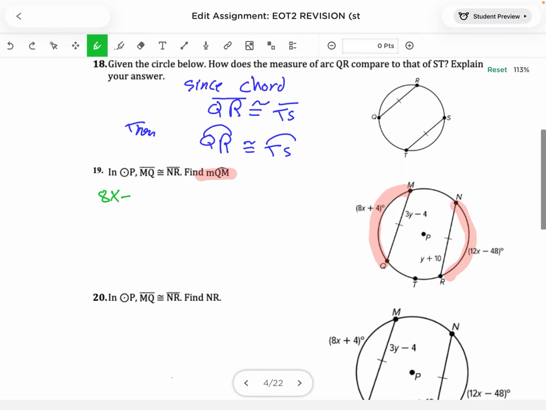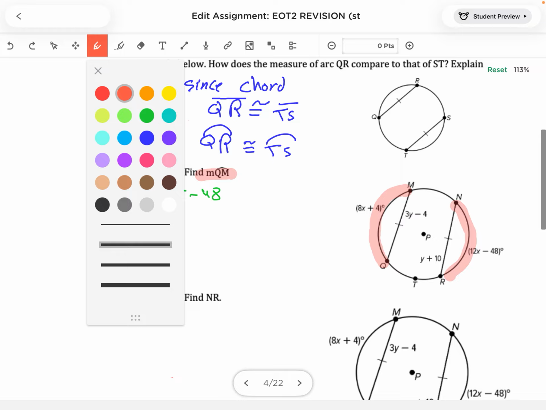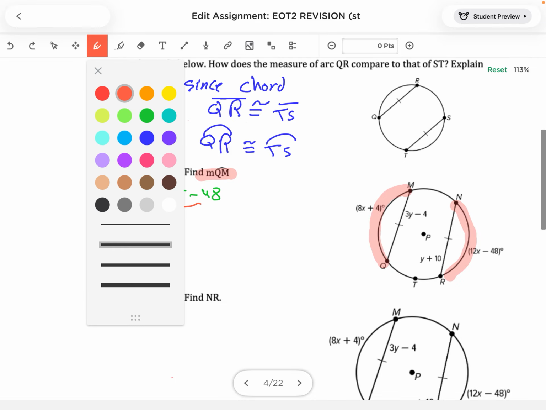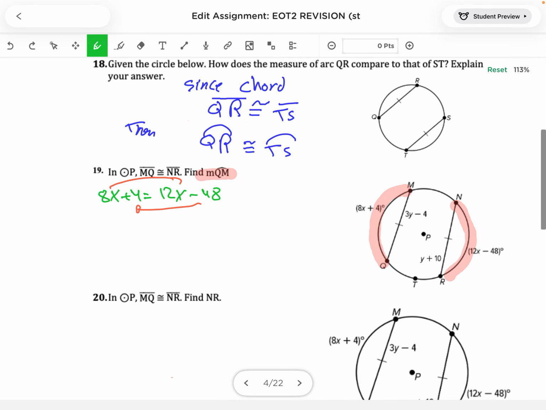So 8x plus 4 equals 12x minus 48. Bring in 8x there, bring in 48 there. 52 equals 4x, so x will be 13.